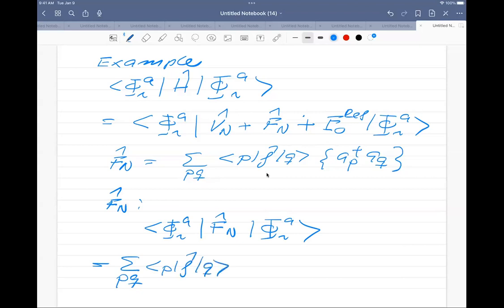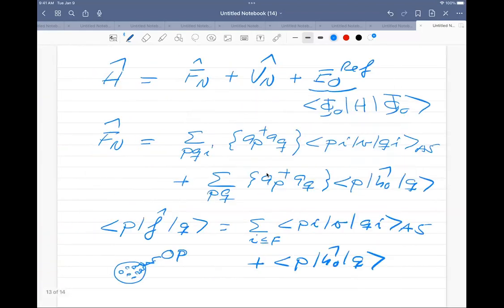And now my basis q is not necessarily an eigenbasis of F. So we assume that p and q could be an eigenbasis of H0, but this new operator which we have defined doesn't need to have p and q as an eigenbasis.